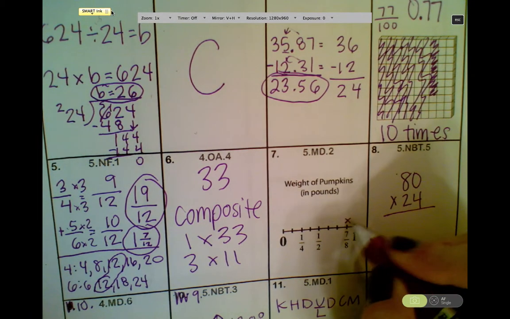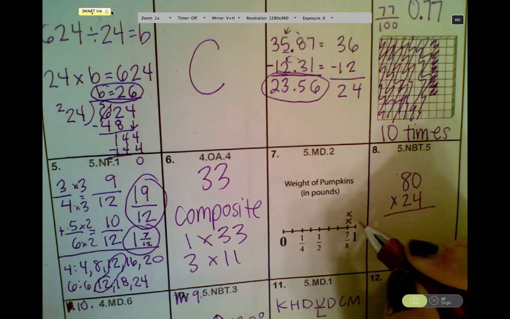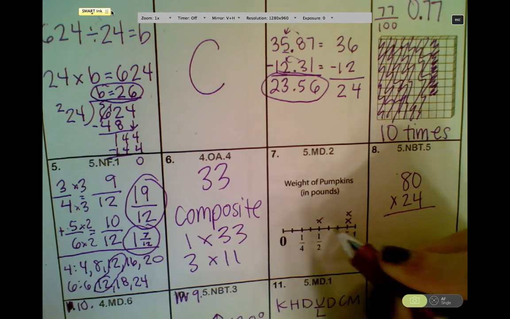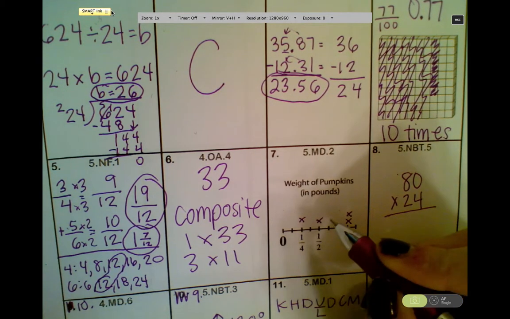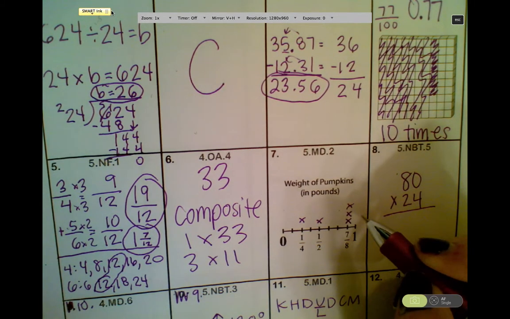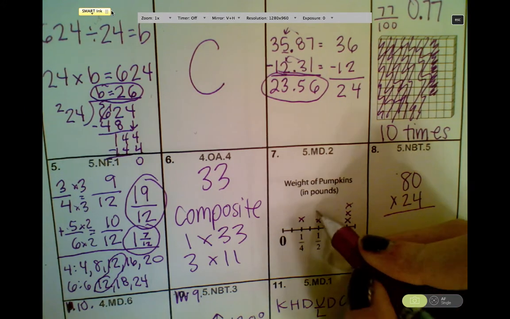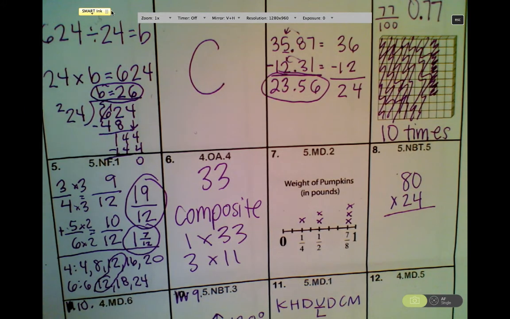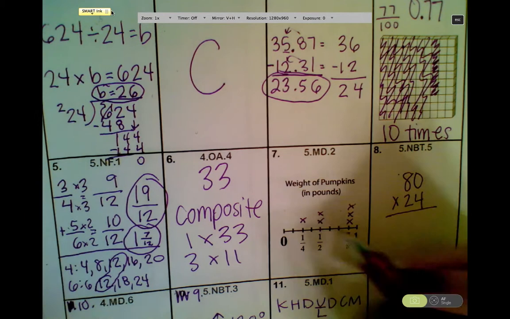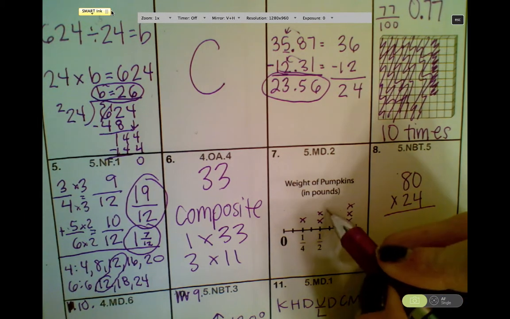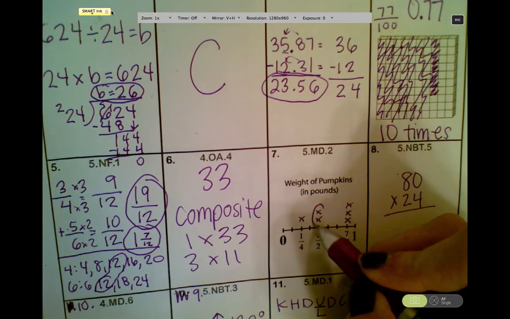There's a 7/8, 7/8, 1/2, 1/4, 7/8, and another 1/2. Now I have to figure out if altogether the pumpkins weighed more or less than 3 pounds. Well, I know that 1/2 plus 1/2 is 1 pound. So there's 1.